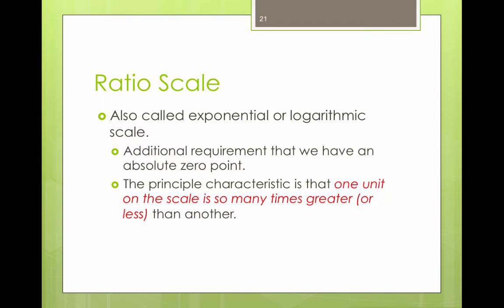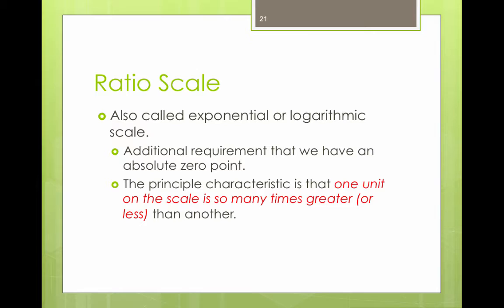The ratio scale is also called the exponential scale or the logarithmic scale. And this scale is important for hearing. So this is an exponential scale. When I say exponential, you can think of the expression like the size grew exponentially. With a ratio scale, we have an absolute zero.